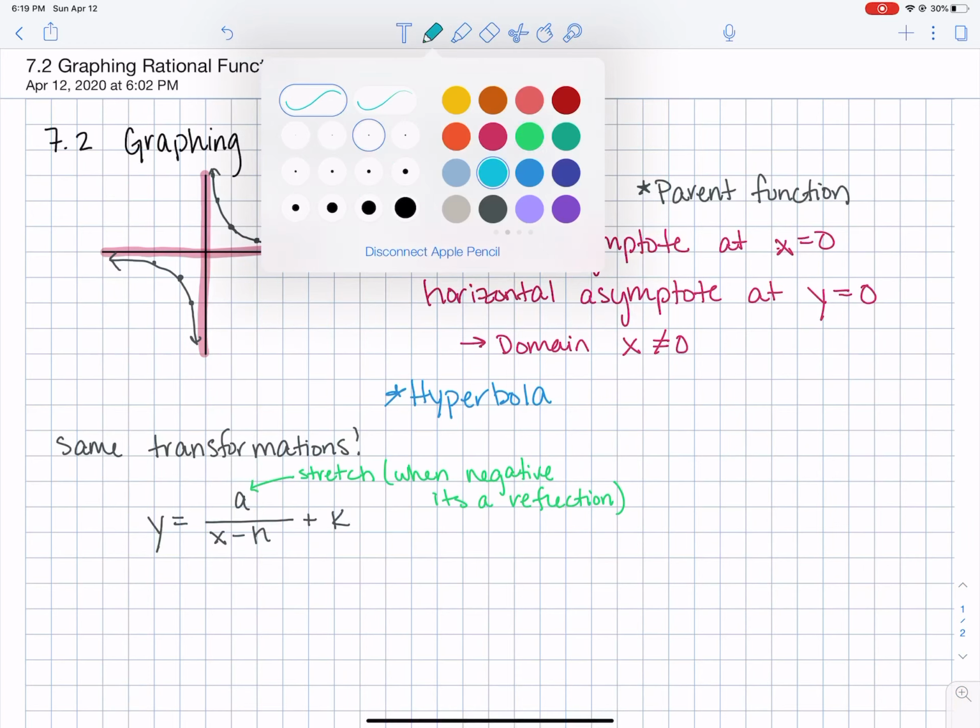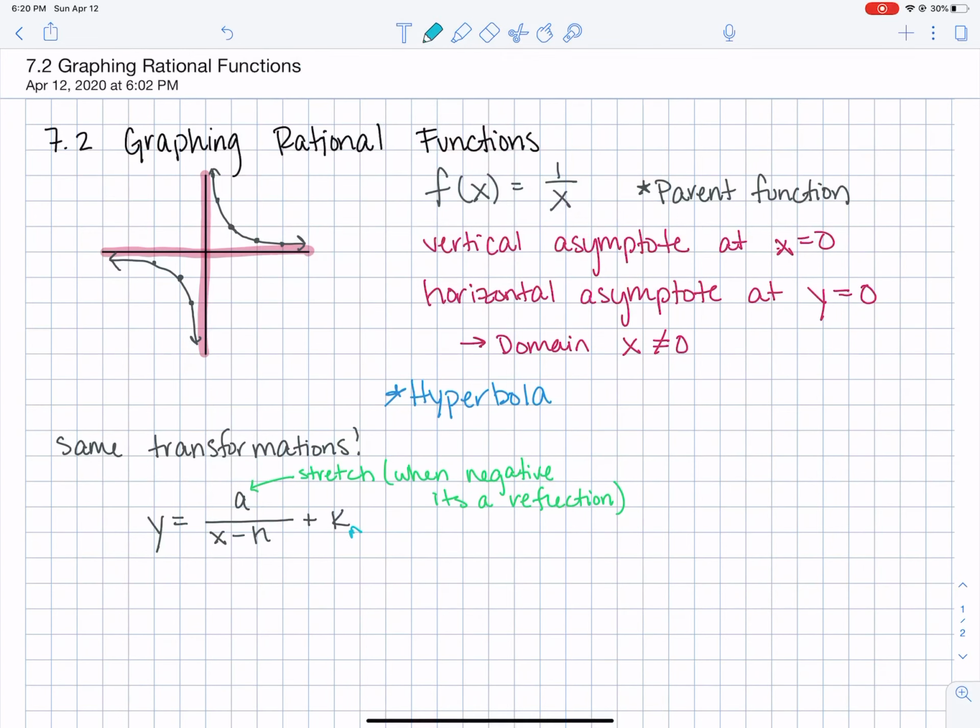And we'll switch over and call this my vertical shift. And the thing about my vertical shift is that it also happens to be my horizontal asymptote. So y equals k is also your horizontal asymptote.